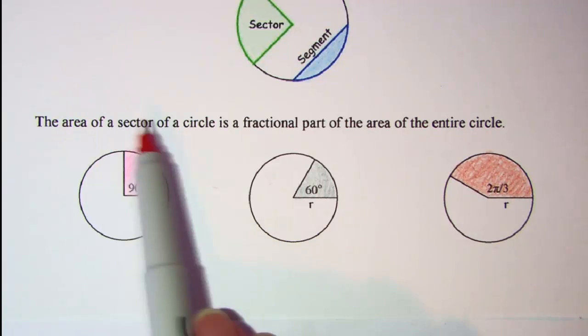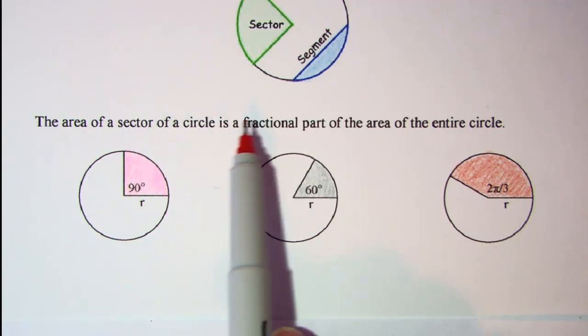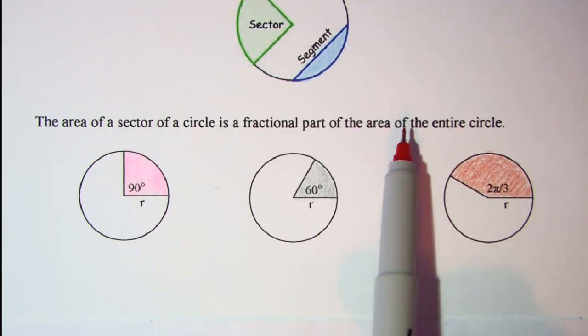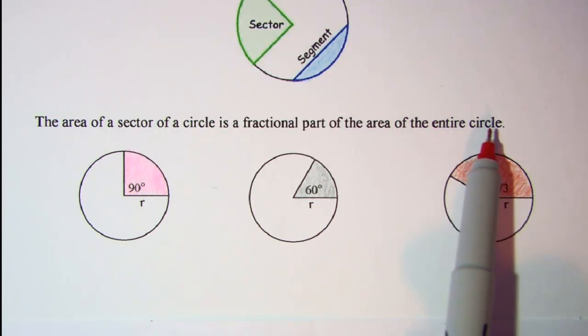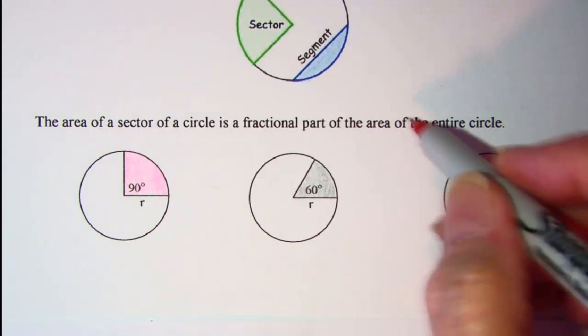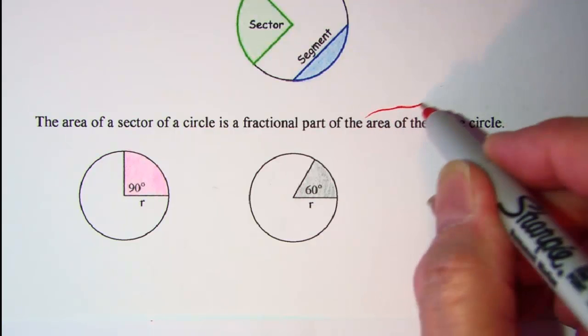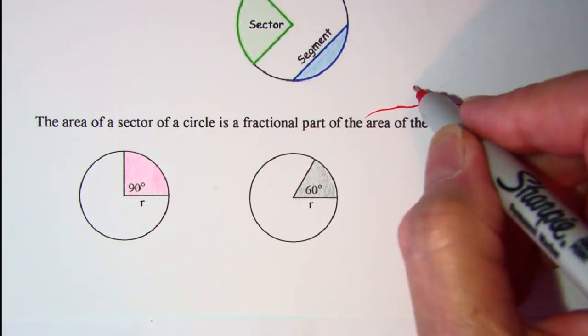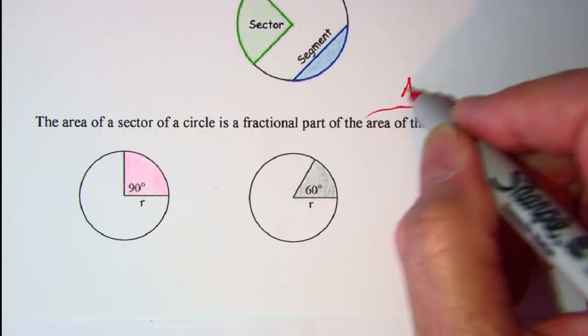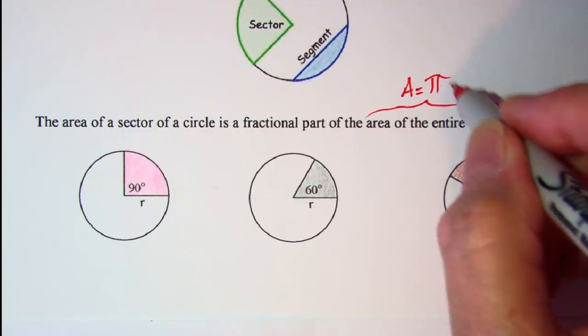The area of a sector is a fractional part of the area of the entire circle. Now remember, the area of the entire circle is given by the formula area equals pi r squared.